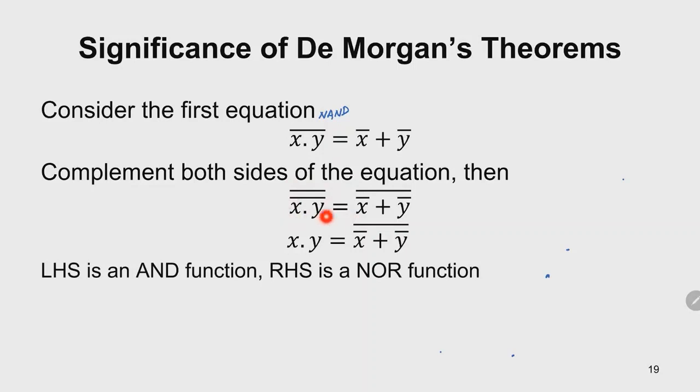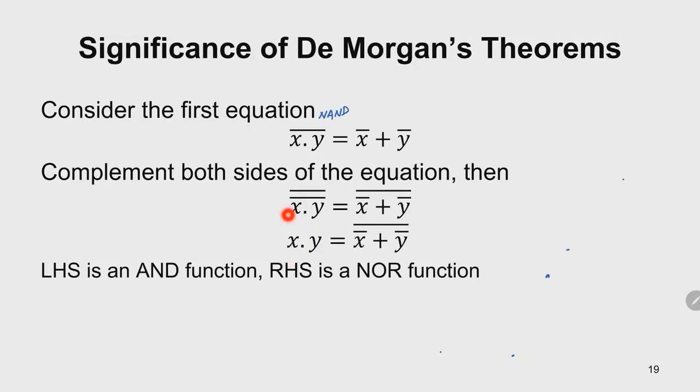If I make the left side inverse, then I make the right side inverse as well, and I maintain my equality. Applying one of the laws, a double inversion goes back to itself.